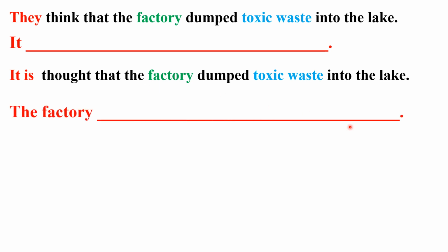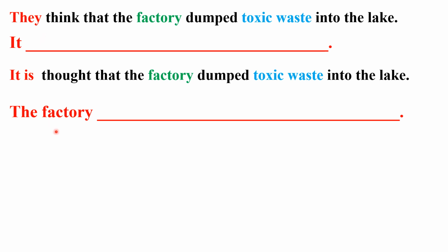Sometimes you are required to start with the factory. I mean subject number 2, the main subject. So the factory. Look at the introductory verb and make passive. The factory am, is, are.